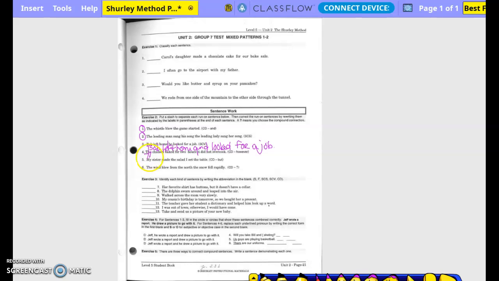So the chicken baked for 2 hours; however, it did not overcook. Okay.